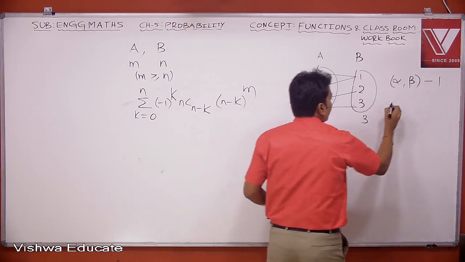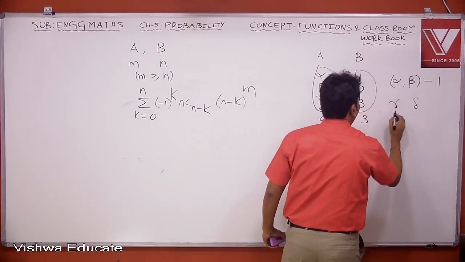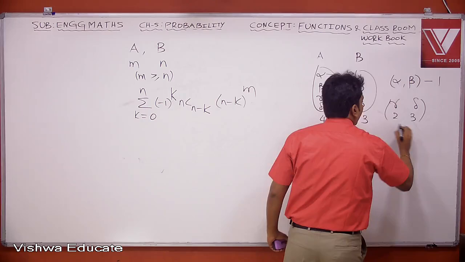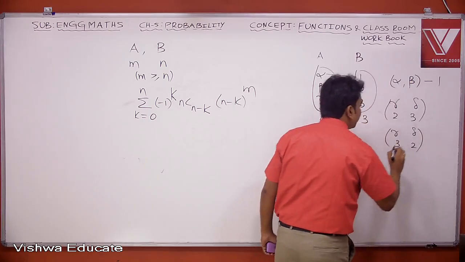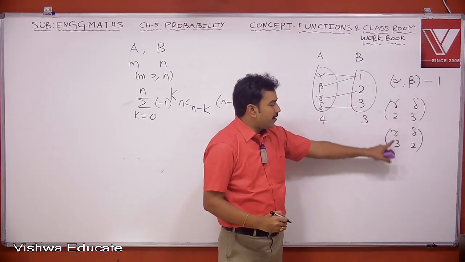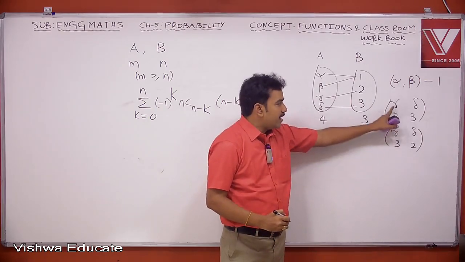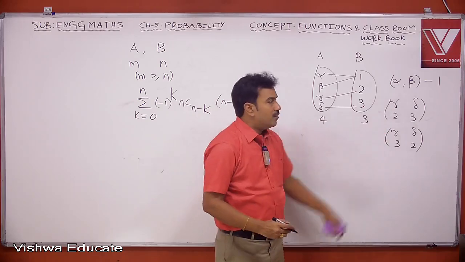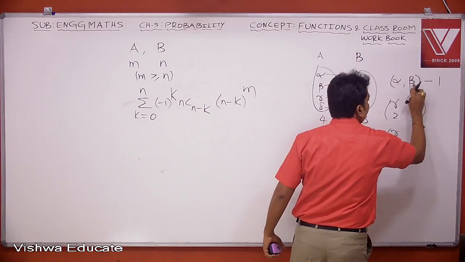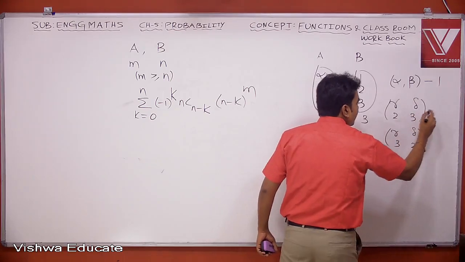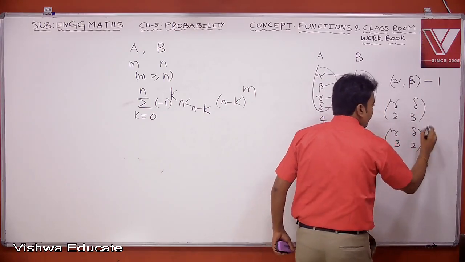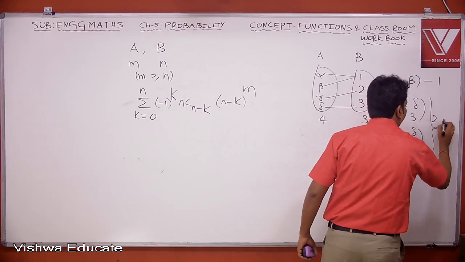So the images of gamma and delta are 2, 3. Another possible case is the images of gamma and delta are 3, 2. So this is one possible mapping. This is another possible mapping. Here images have been reversed. But in this case, alpha is set to 1, beta is set to 1, gamma is set to 2, delta is set to 3. This is one function and this is another function. So totally we are getting two functions.